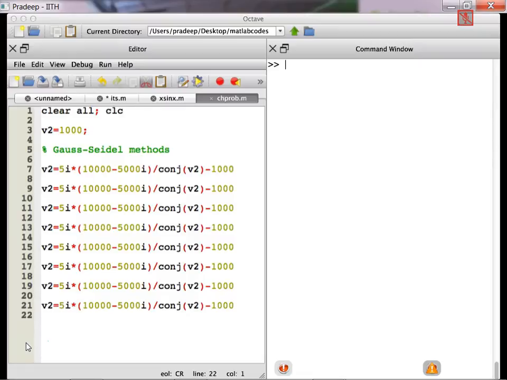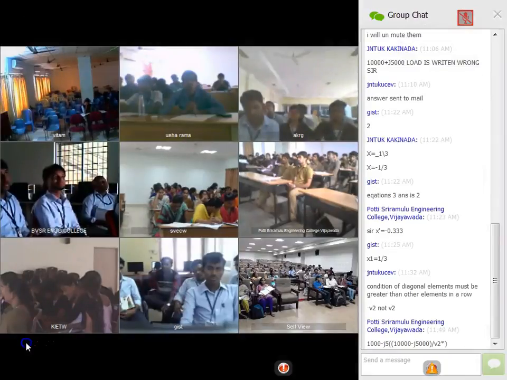So is there something wrong? 1000 minus J5 into this? Just check the equation. So the first one is (V1 minus V2) by J5 is I, and that I is also equal to... looks like there is some confusion with the steps.